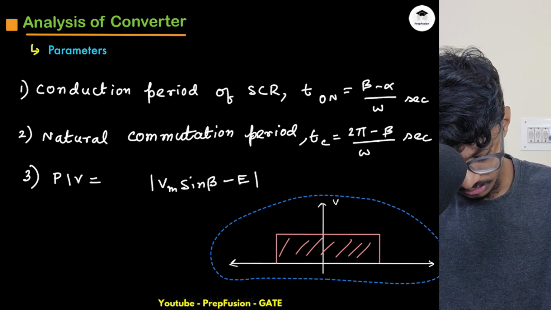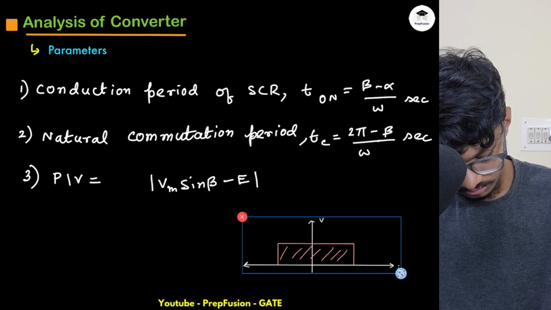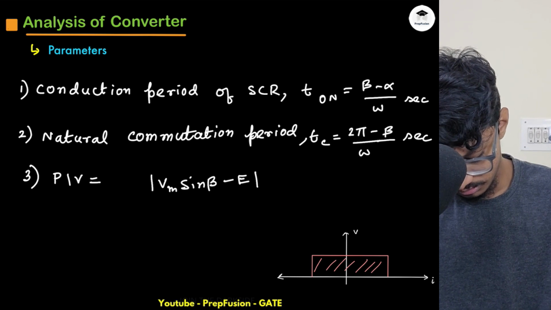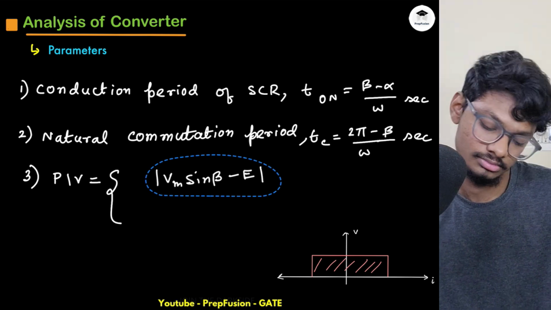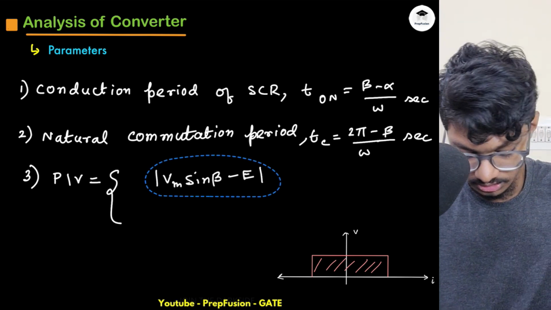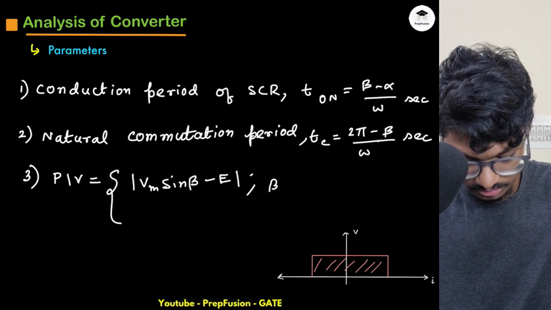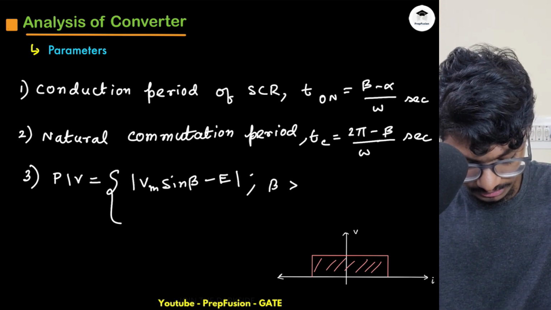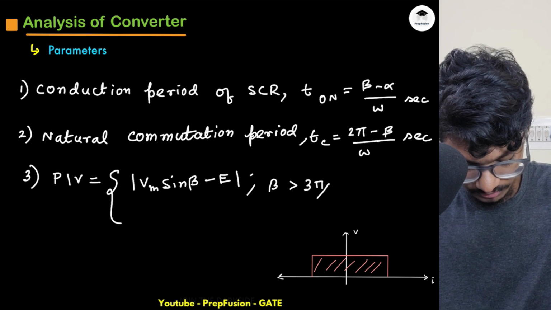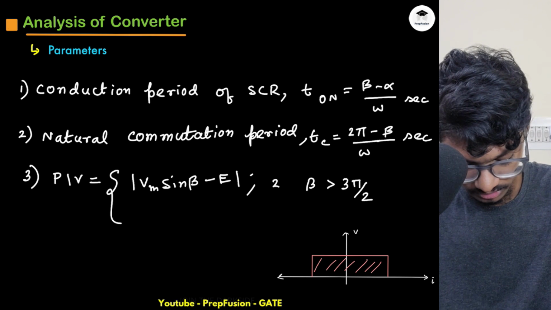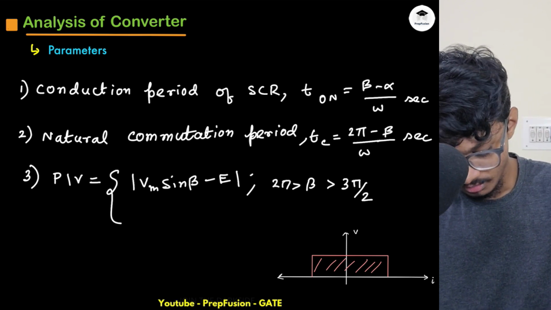Let's keep this on the side. So if the value of beta is here, in this case, this will be equal to this. If the value of beta is greater than 3 pi by 2, and is obviously lower than 2 pi. Beta has to be lower than 2 pi, obviously. So this will be the second case.